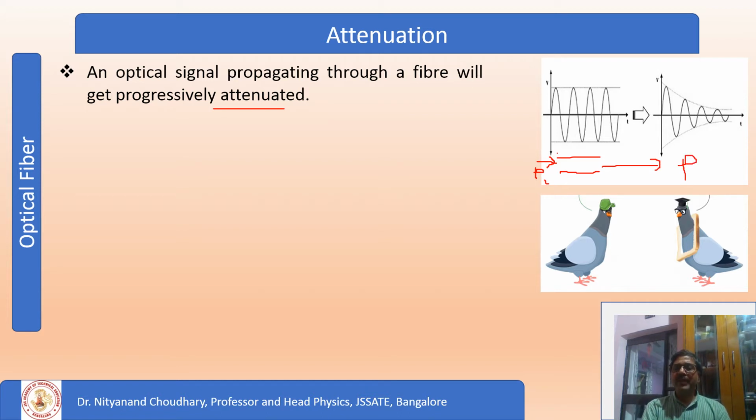So what we find, if it is going to pass through a length L, from here to here, then at the end its intensity is decreasing, as you can find out from this diagram, and that is called attenuation. This is what I have tried to show you from these two birds. This bird contains all the colors.